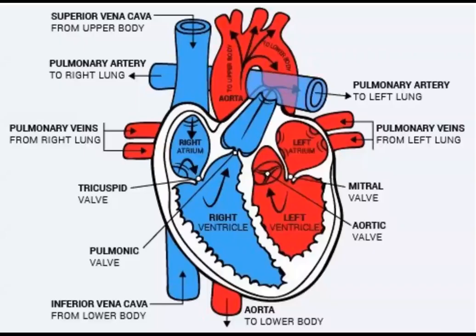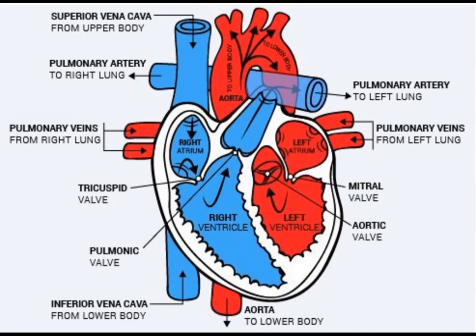Let's take a look at this picture that we have on our screen. This is our heart, right? And as you can see, one part of it is red, one part of it is blue. The part in blue represents the right side of the heart, whereas the one in red is the left side of the heart. It is represented in red because the left side of the heart deals with oxygenated, clean blood, right?